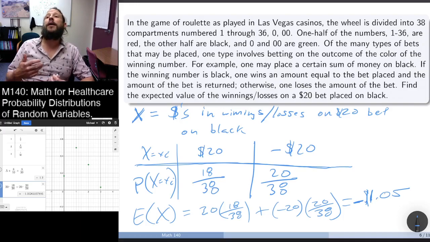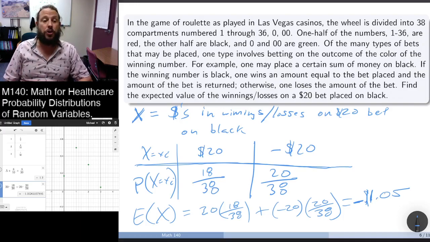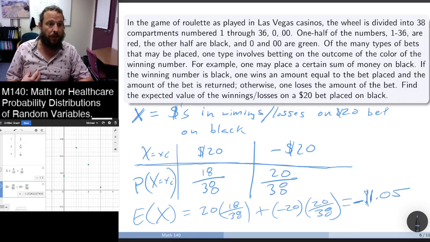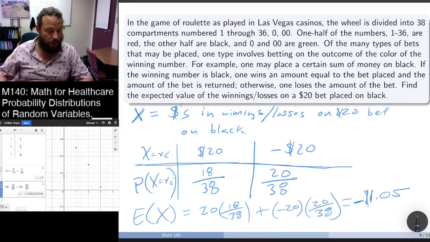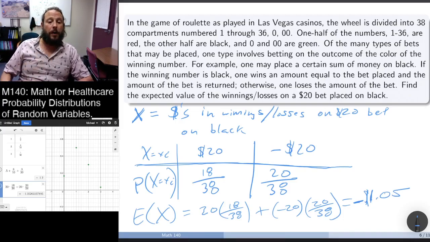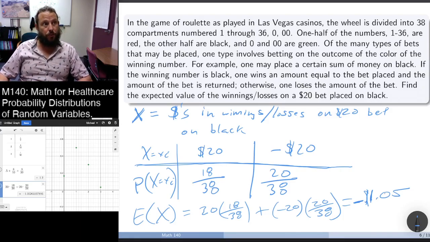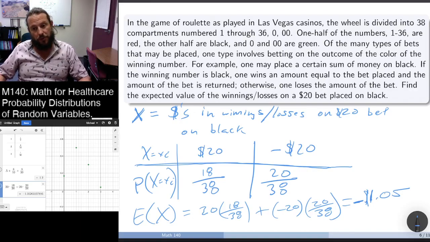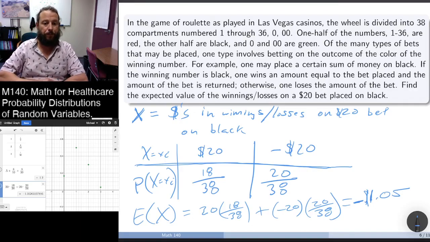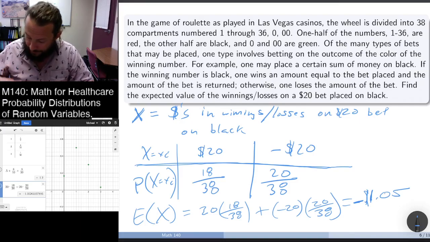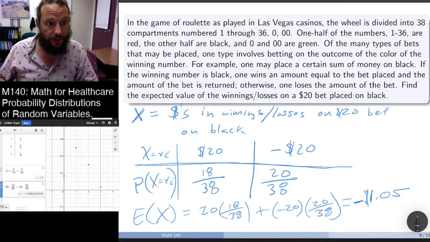Because they're guaranteed, or they should be getting, millions of customers, right? Whereas you can only bet your own money. So they're guaranteed to find this long run average. Insurance companies do it similarly. They have this guarantee to find this long run average, whereas we as people, we don't. We can only use it as a pointer for which way to go. All right? But yep, here we're going to lose $1.05 in general.